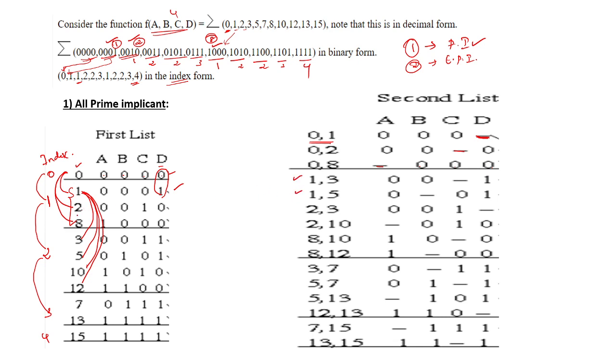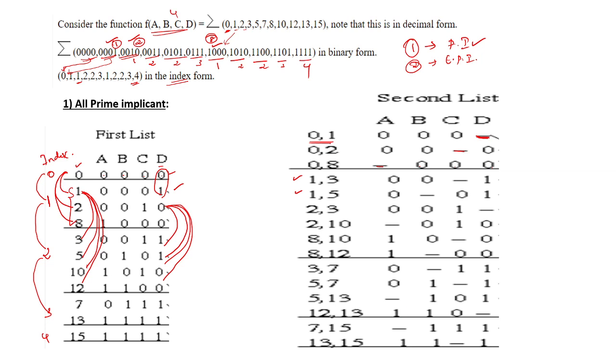Next comes 2 with 3, 2 with 5, 2 with 10, and 2 with 12, like that. Again we compare 3 with 7, 3 with 13, and 5 with, like that. If there is a 1 bit change, we represent a dash in that particular variable, and we represent a chart like this.